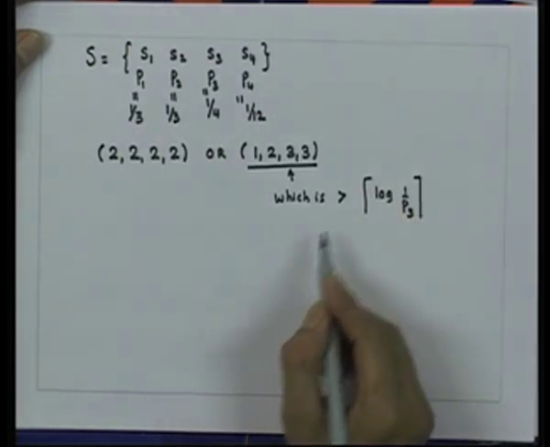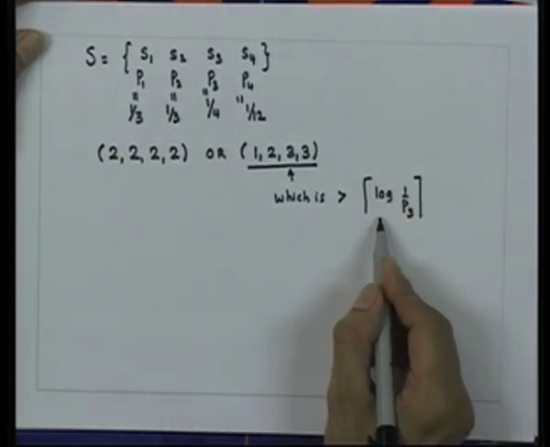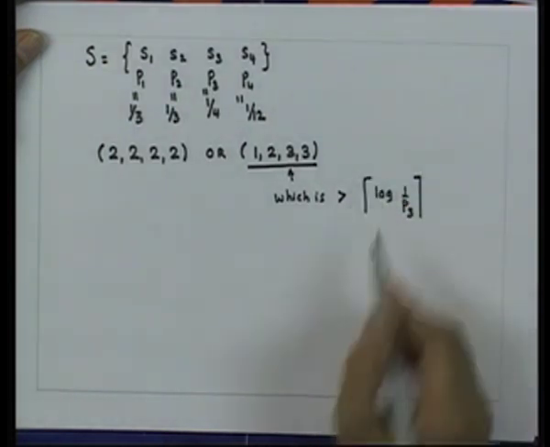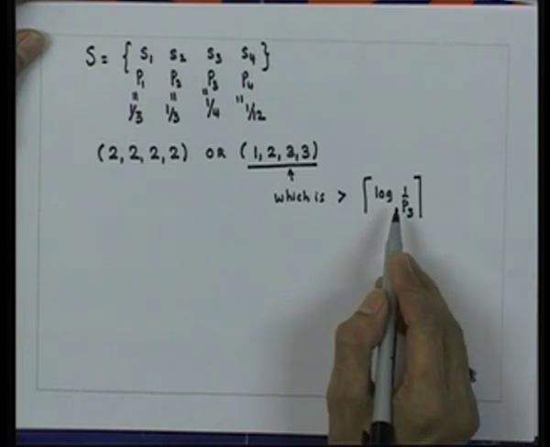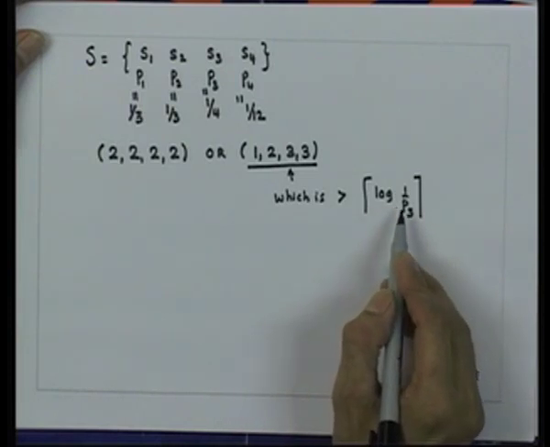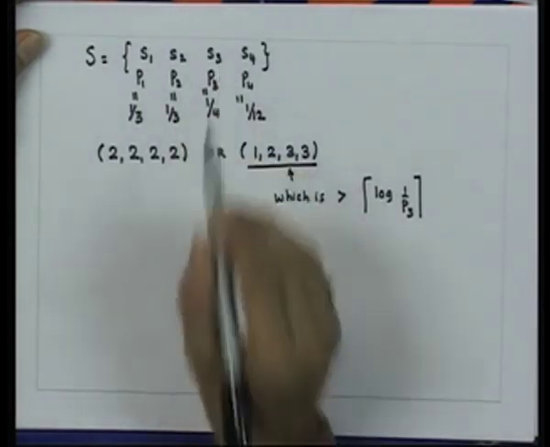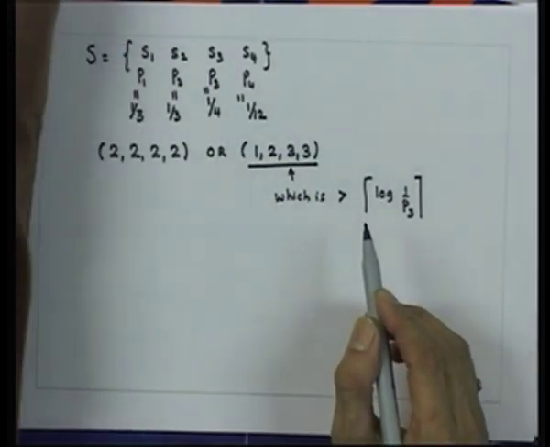Thus, the code word length for a Shannon code, which will be decided by this, could be less than the code word length of the corresponding symbol of an optimal Huffman code.